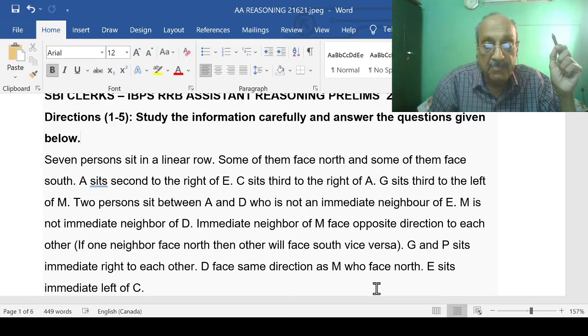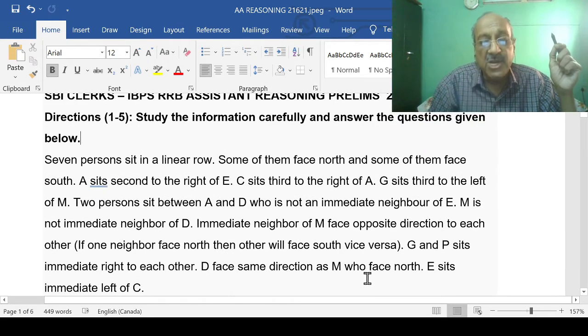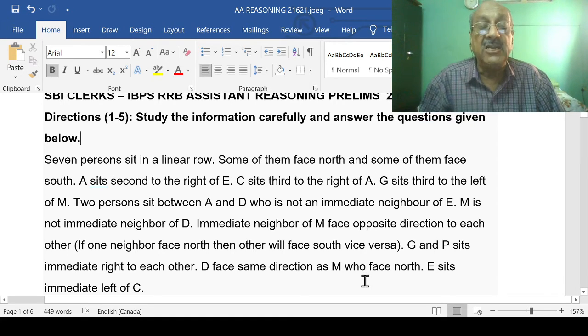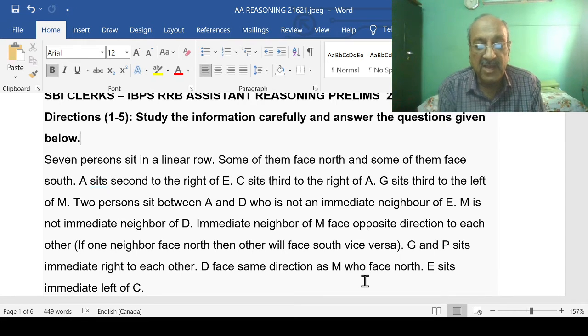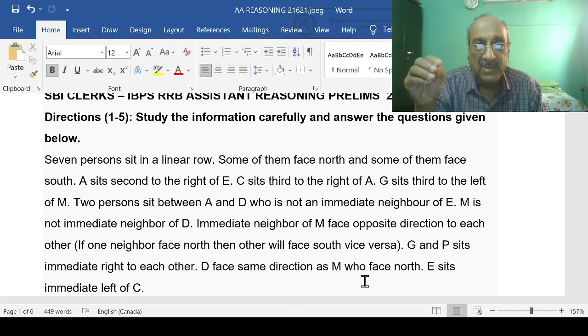Please read it once again, try to answer it. After you are plotting the picture, we will go for the answers. When you watch the video, you can halt at this place, work out the problem, and then go for answering the questions.